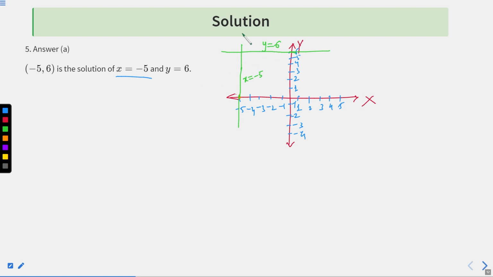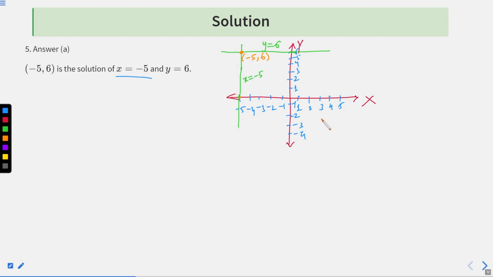And these two lines intersect at some point here. The coordinates of this point are minus 5 comma 6. So the coordinates of the intersecting point are minus 5 comma 6.